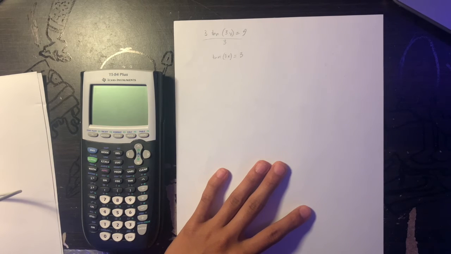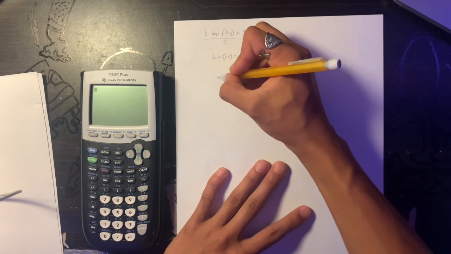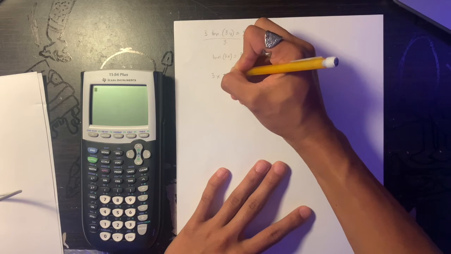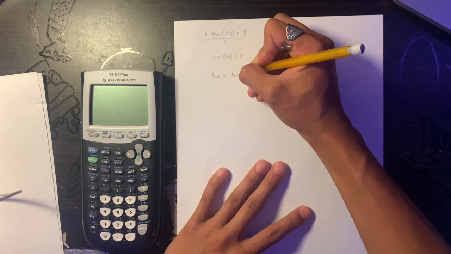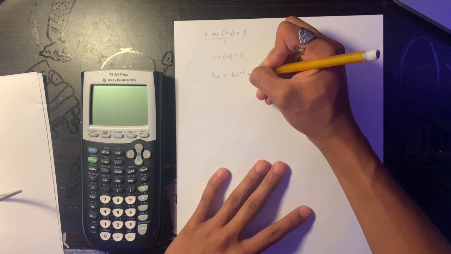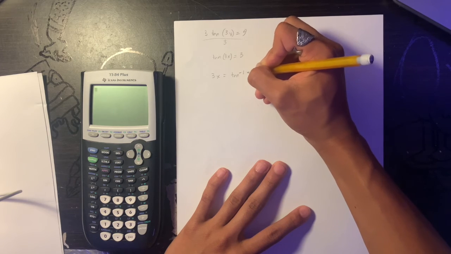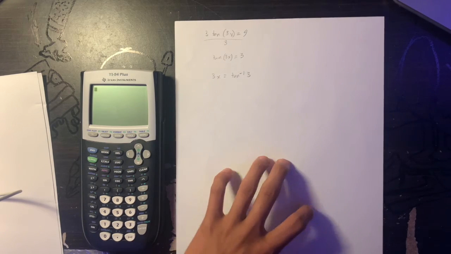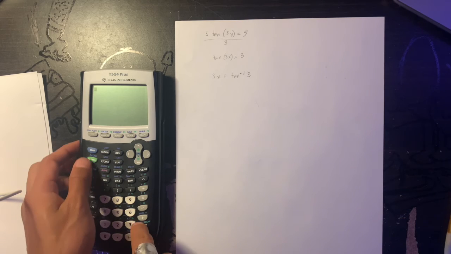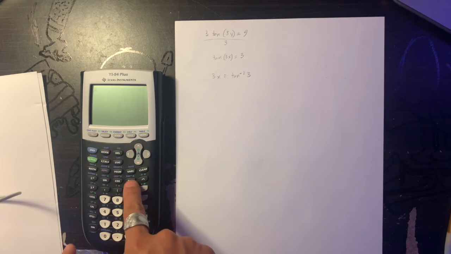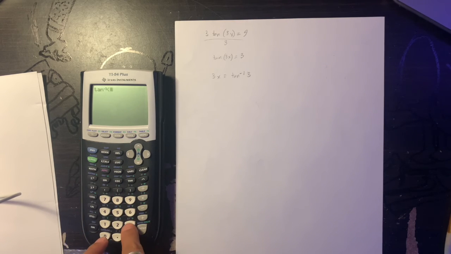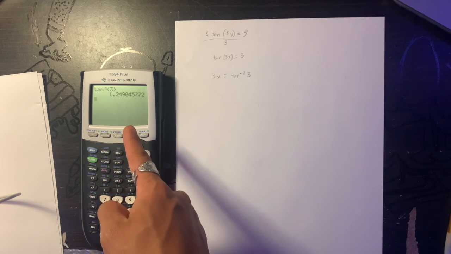So we can use inverse. So 3x equals tan inverse of 3. So let's put that into our calculator. Second tan 3, and we get this number.